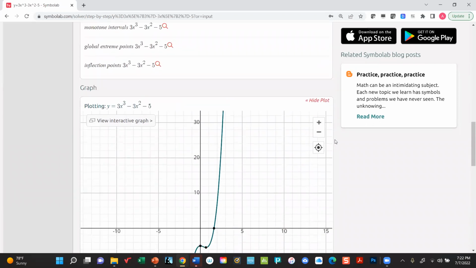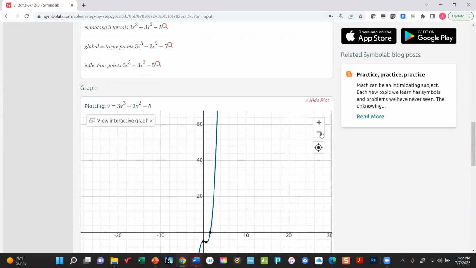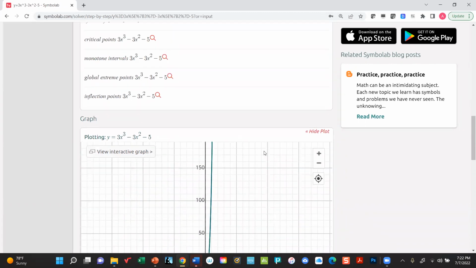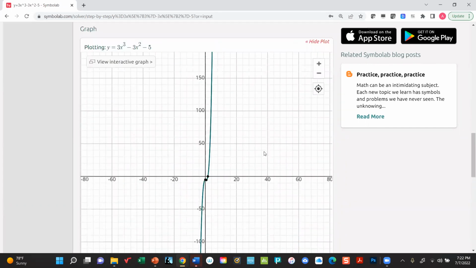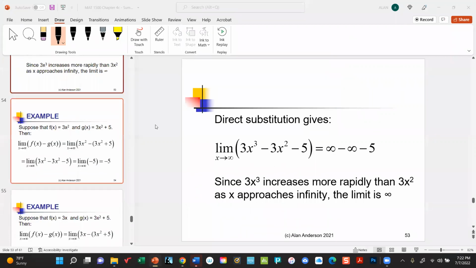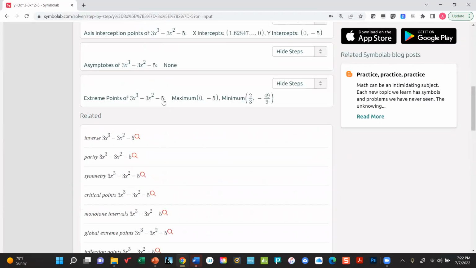If you look at this graph carefully, how do you like that? The limit is not infinity, it's actually 5. Okay, I'll tell you what, let's throw this into Symbolab.